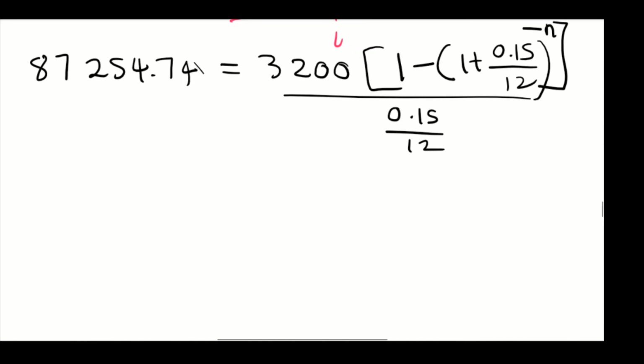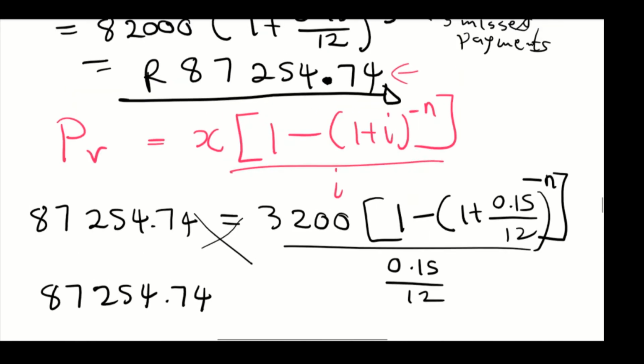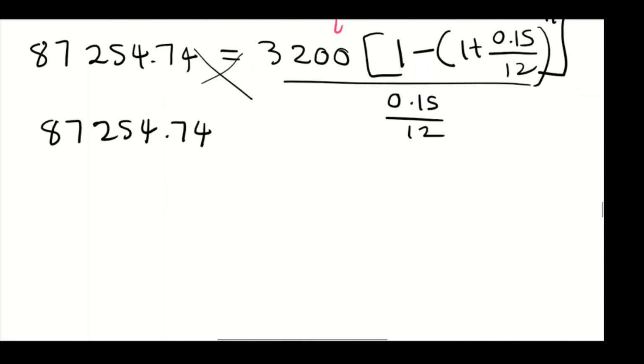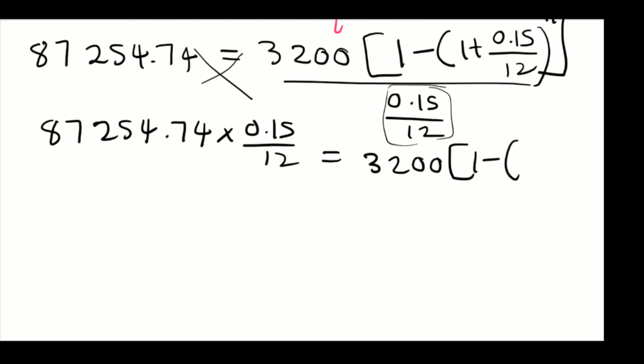So what we're going to do is cross multiply. So it's going to be 87,254.74. Yes, it's 254.74. Everything is written correctly from here. It's going to be multiplied by 0.15 over 12, and equated to 3200 into 1 minus 1 plus 0.15 over 12 to the power of minus n, and close brackets.